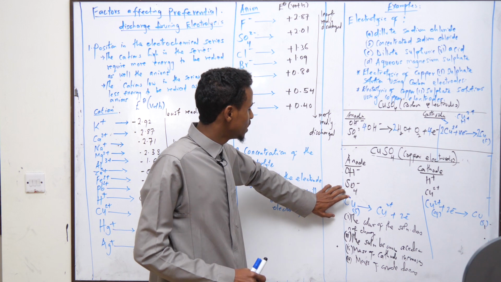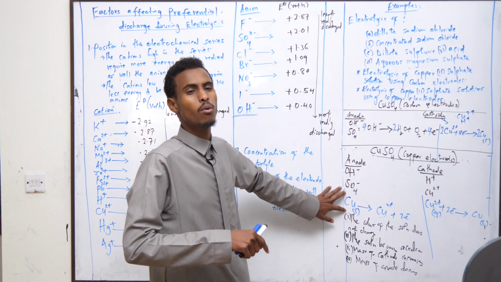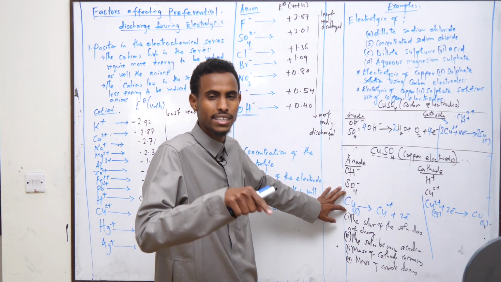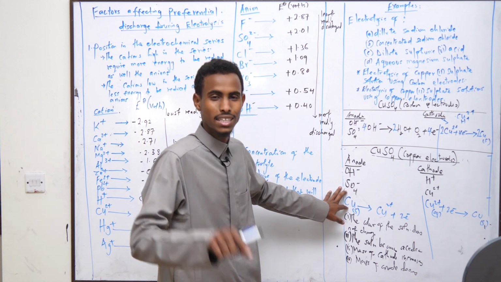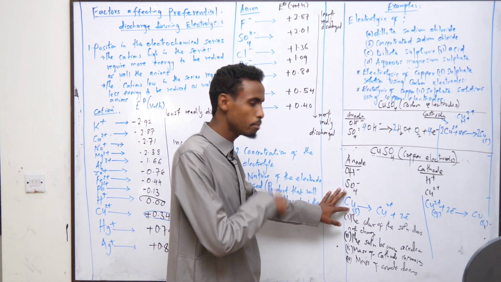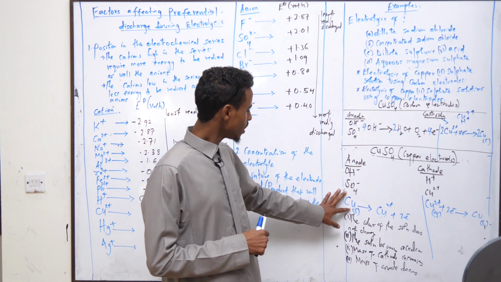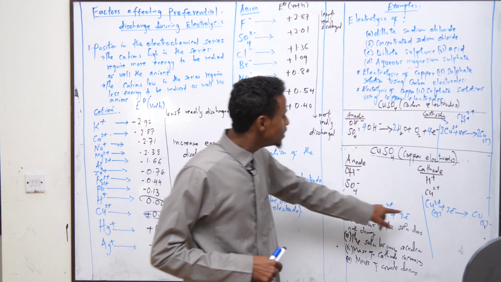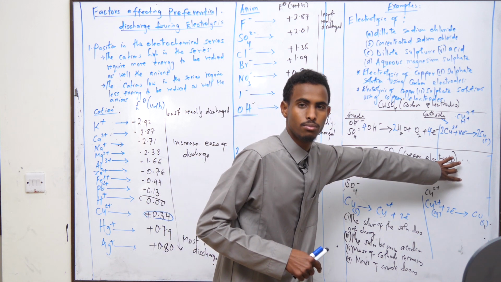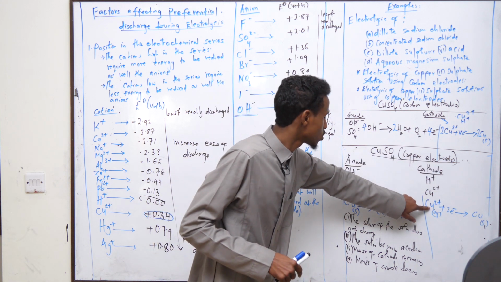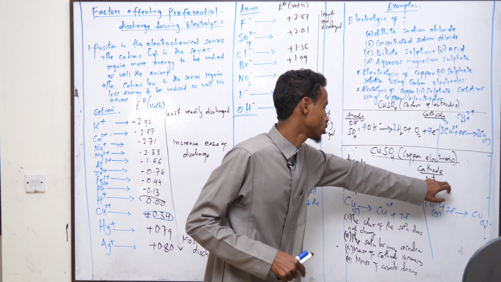Now, since the copper anode is undergoing oxidation and entering into the solution in form of ions, the mass at the anode is going to decrease. But on the cathode, the mass of the cathode increases.